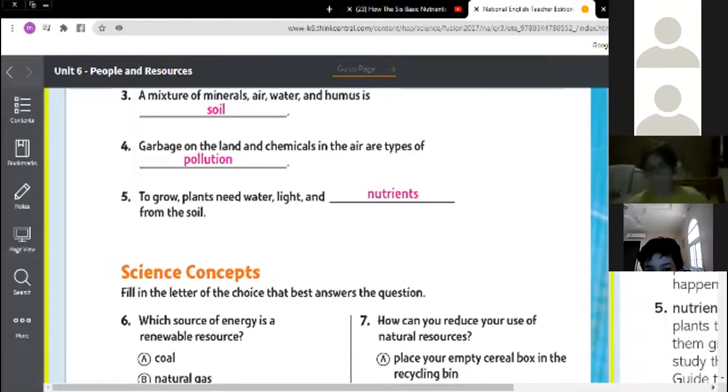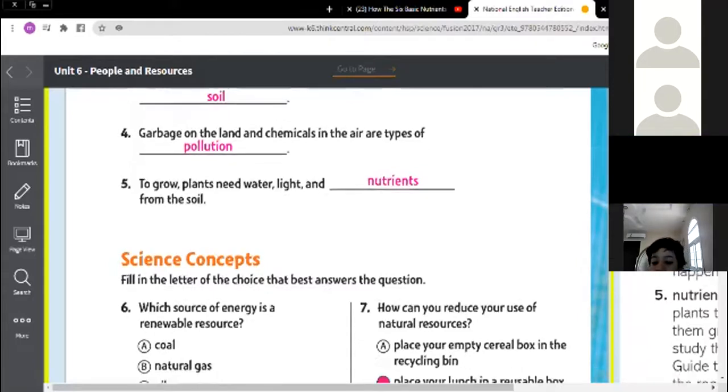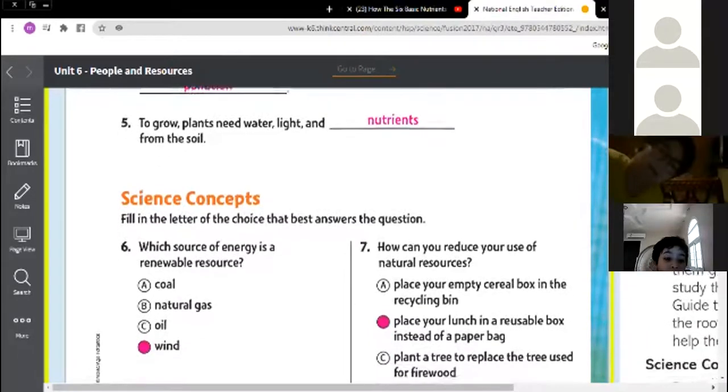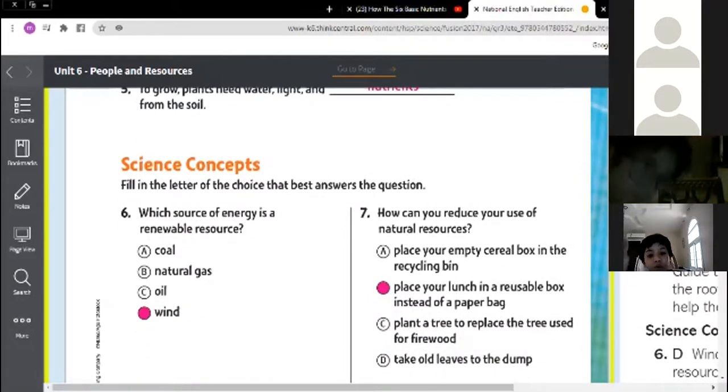Ibrahim Abdul Hadi, read number 6, please, and explain it. What's the name of the page? Which source?